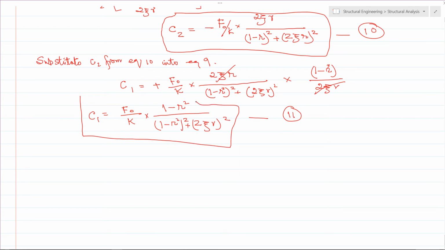Now what we can do, we can substitute these values back in our final equation and we can get the result.